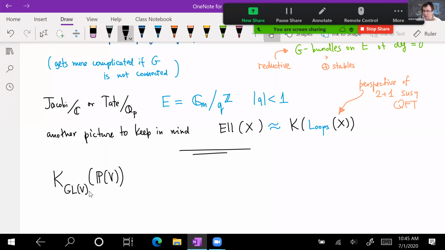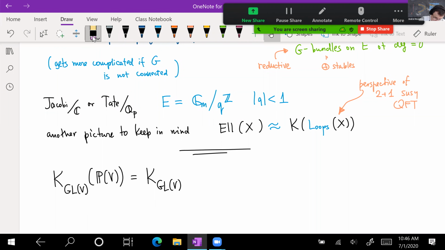The result is the same, but I'm just repeating what I said before. In topological K-theory, you should really think not about this reductive group, but rather its maximal compact subgroup. And so we decided that you take the GL_V-equivariant K-theory of a point.